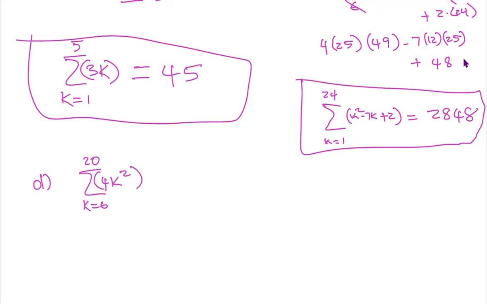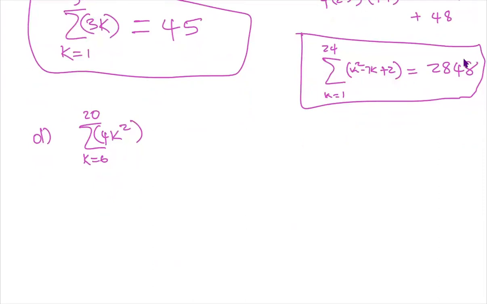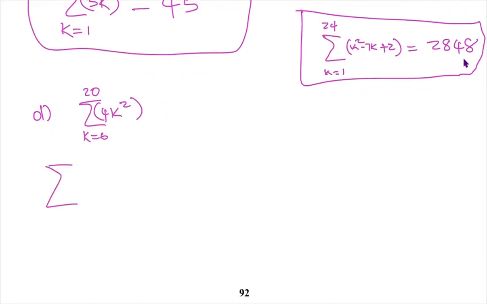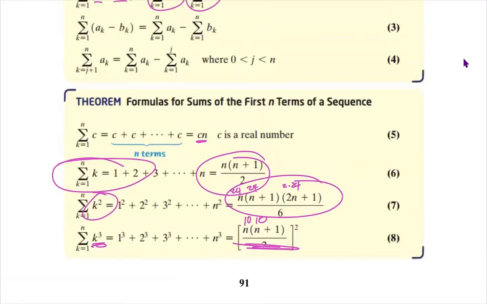All right, so basically, we also know that the summation of k from 6 to 20 is equal to the summation of k from 1 to 20 minus something, using this property right here.